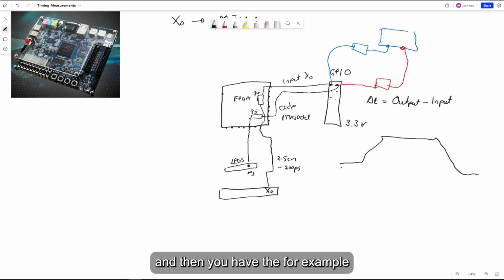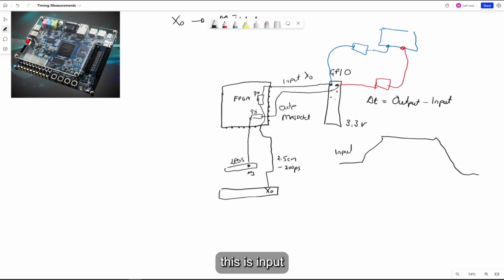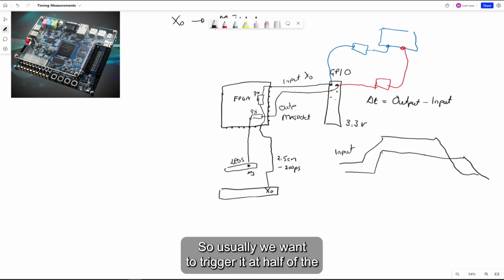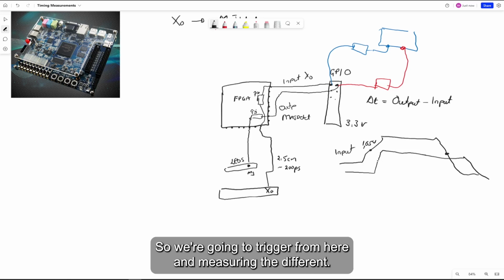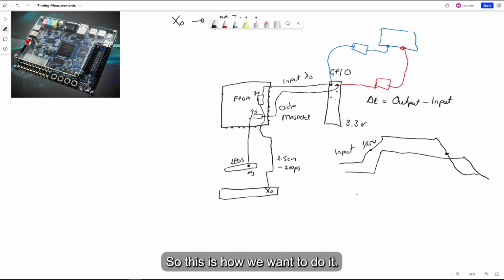Here is the input, and then you have an output. Usually we're going to trigger at half of the 3.3 volts, which is almost 1.65 volts. So you trigger from here and measure the difference to here. This is how we're going to do it.